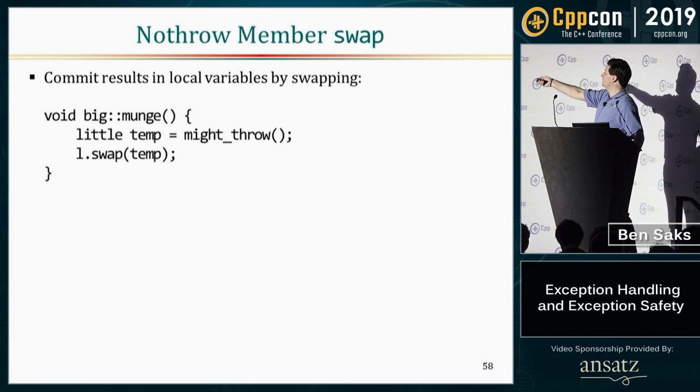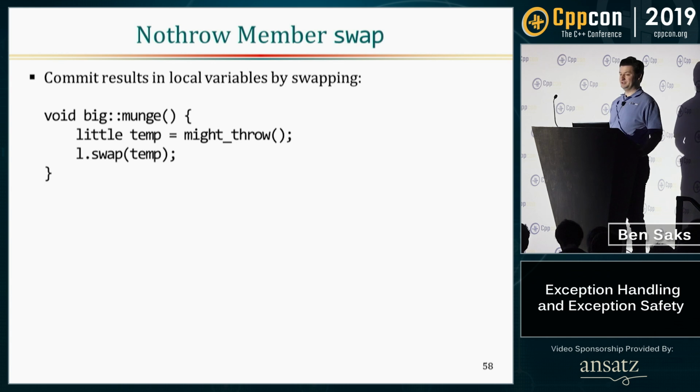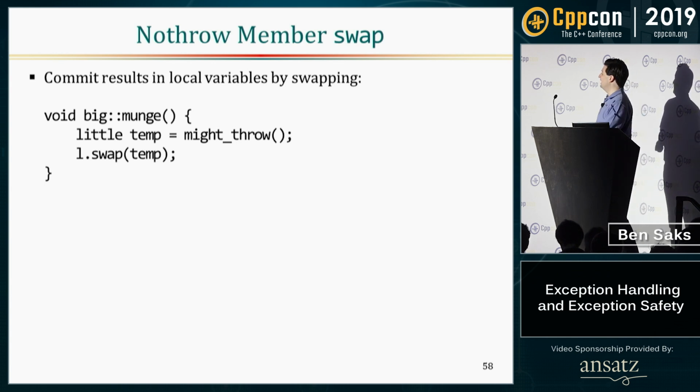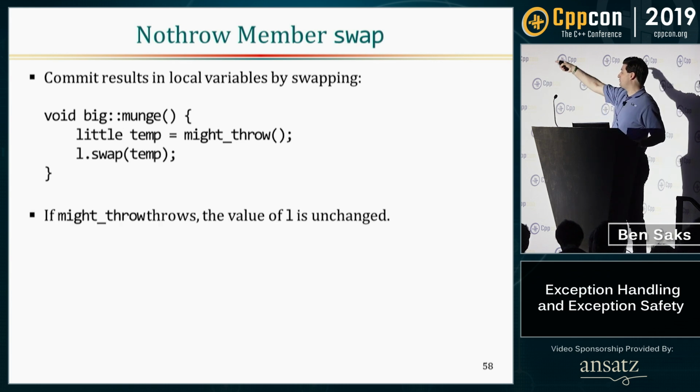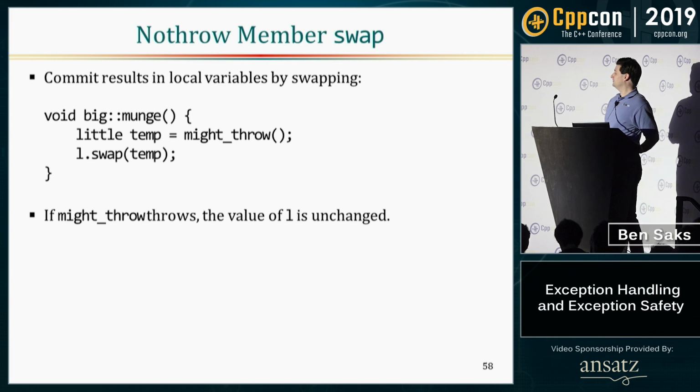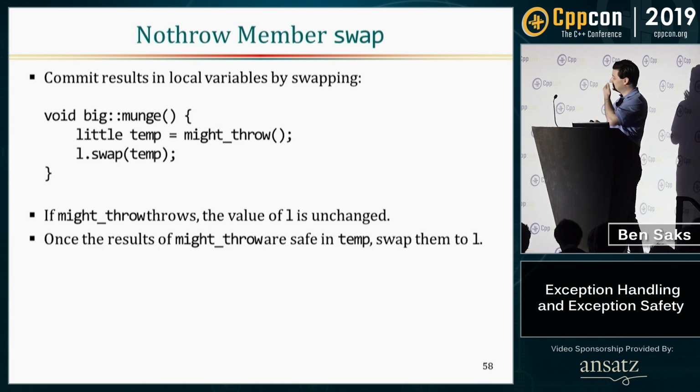So we store the new value for our little object inside a temporary object like this. And then, once it's safely stored inside, if might throw actually throws, we haven't done anything to change the value of l yet. So the state remains unchanged.